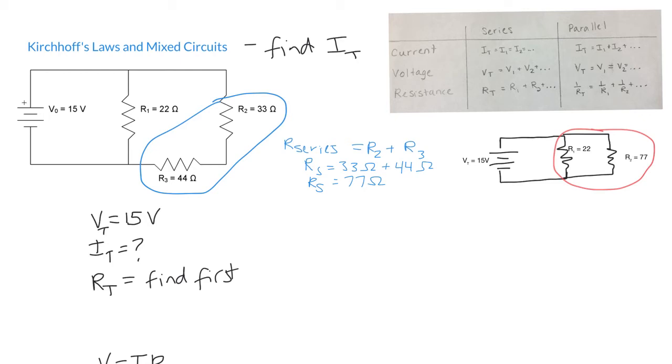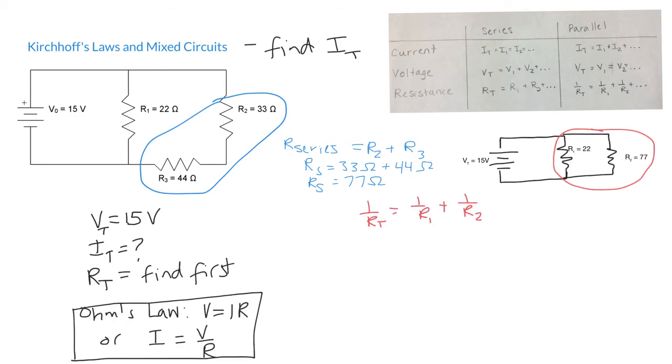When I know the equivalent resistance and the voltage, I can use Ohm's law to find my current. So I've got my equivalent resistance formula written down for the parallel circuit.